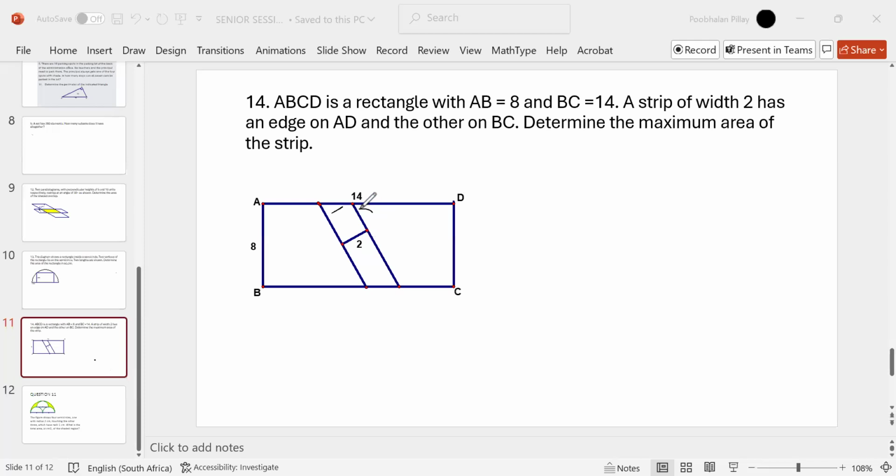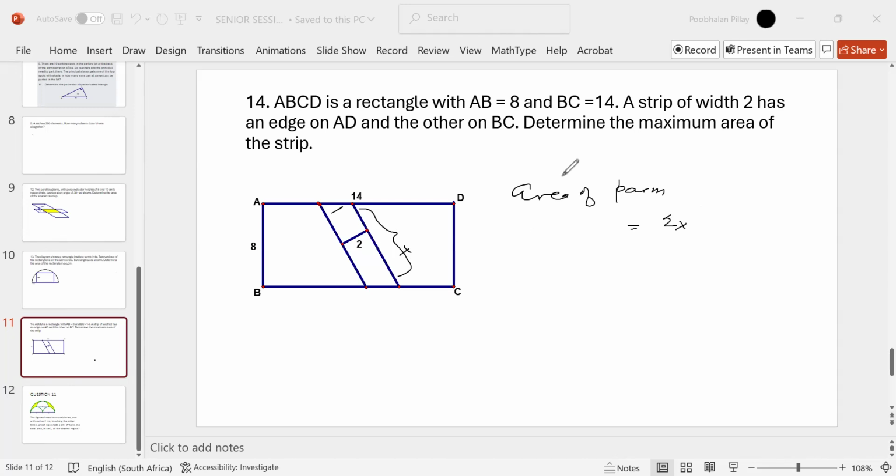So if I call this X, that's the side of the parallelogram, and this is the height. So the area of the parallelogram, as we saw earlier on, is equal to base times height. So it's 2x.